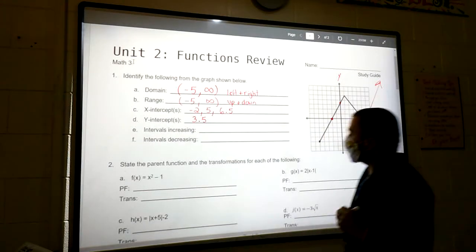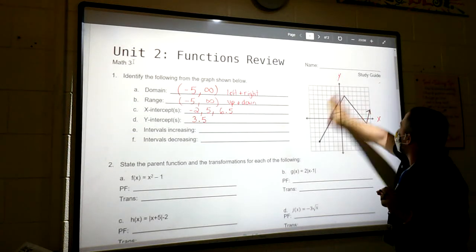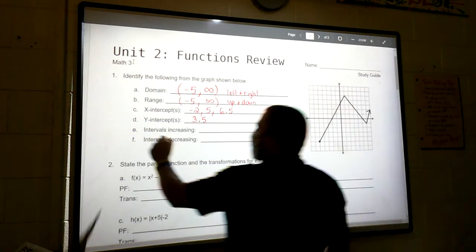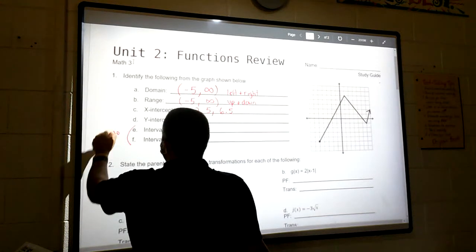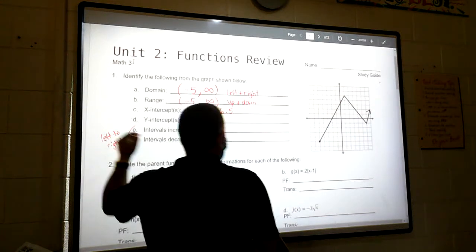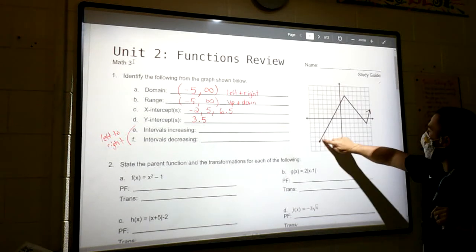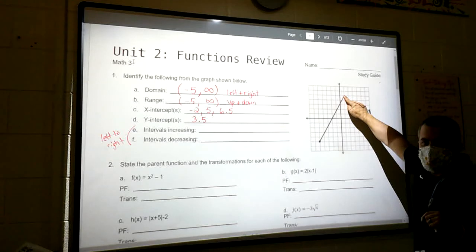Okay. Now, the next part is, we're reading this from the left to the right. So when we talk about intervals, increasing or decreasing, we're always talking about left to right, kind of how we would read a book. Okay? So from here all the way until here, it is increasing. The graph is going up.